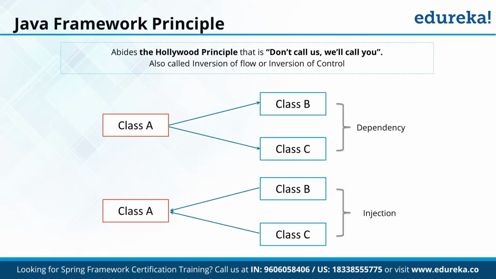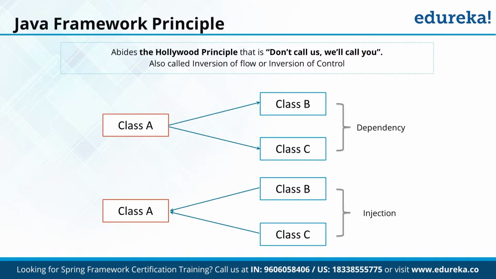All right, so what exactly is the Java framework principle all about? It abides by the Hollywood principle, that is, don't call us, we will call you. It's basically inversion of control that we are talking about. So what does this key principle state? We have some class for which we traditionally create the object.